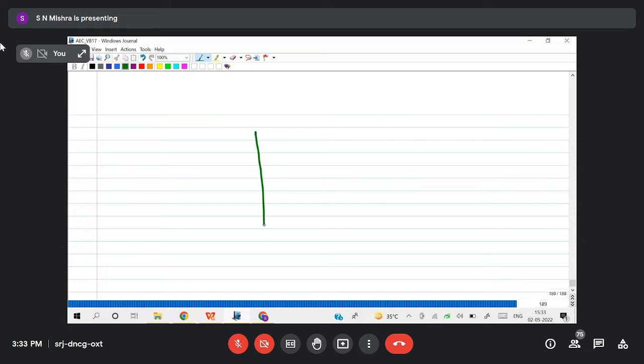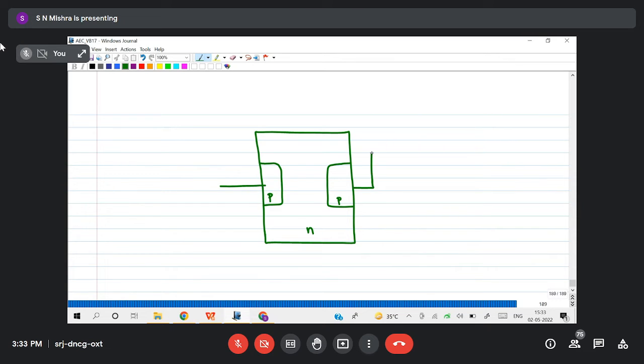Okay. So let us first take, reverse bias means what is the minimum voltage? What is the minimum value of negative?